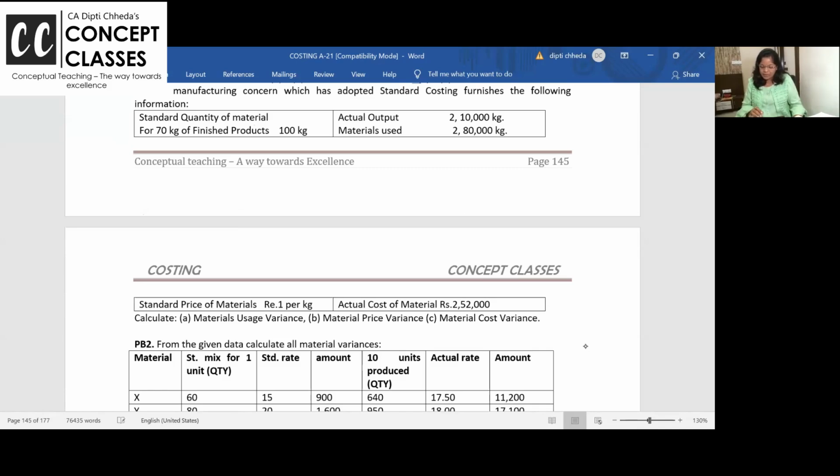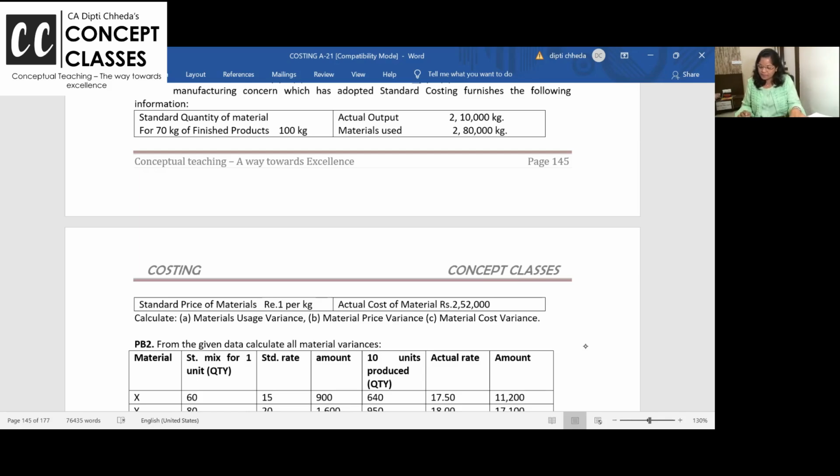Standard quantity of the material: for 70 kg of finished goods, 100 kg is required. Actual output is 2,10,000.